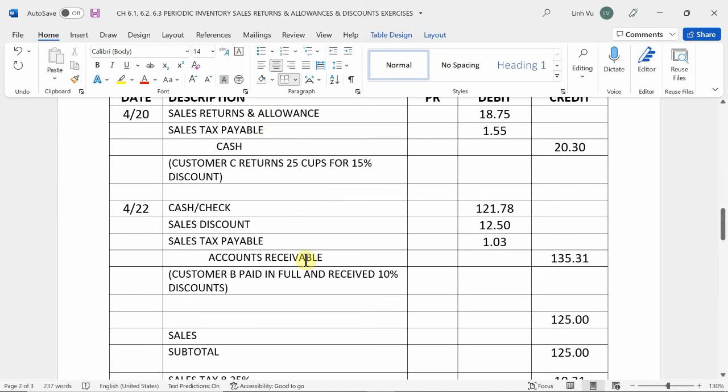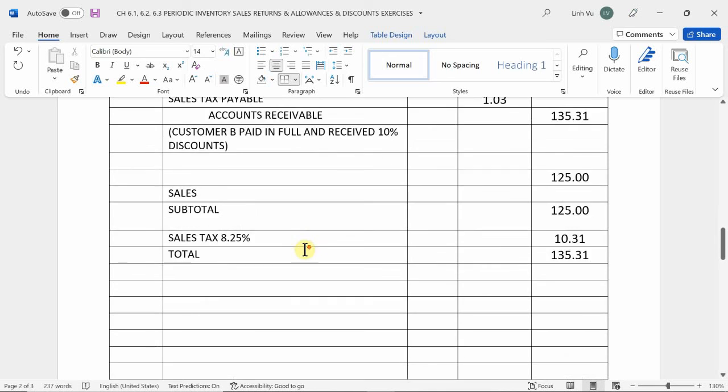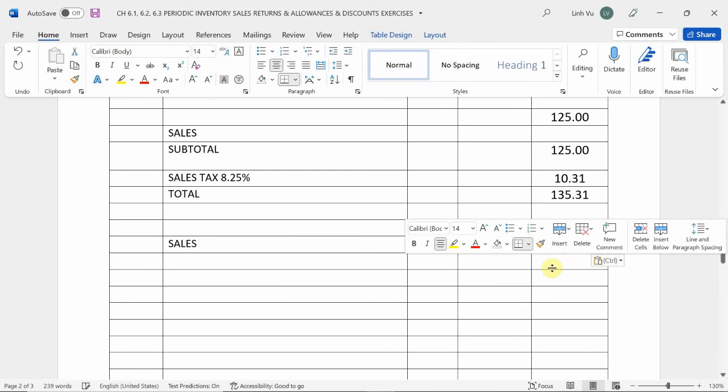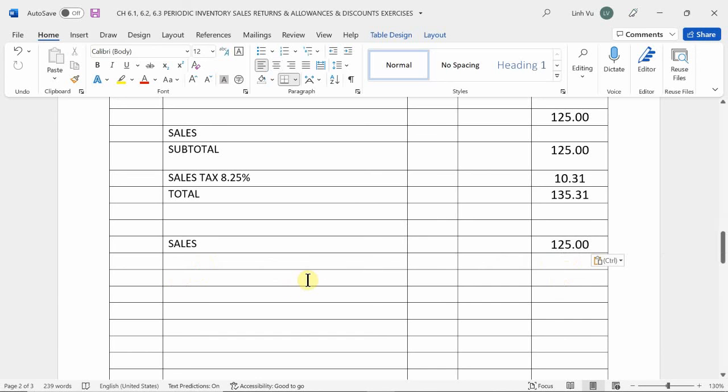If you look at it in real life terms, if this person received a discount, what you're going to see on the receipt is the total amount that was purchased. So in this case, you'll see the sales for $125. But then you will also see a line item that says sales discount.